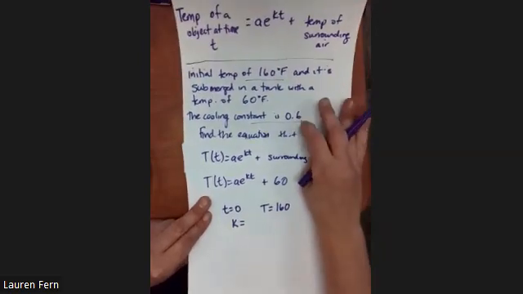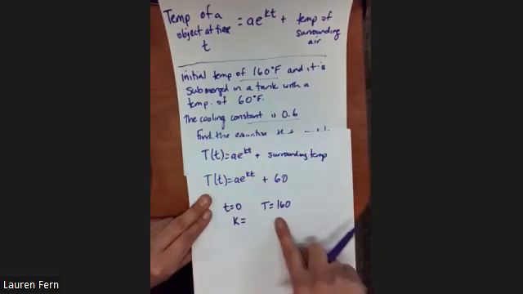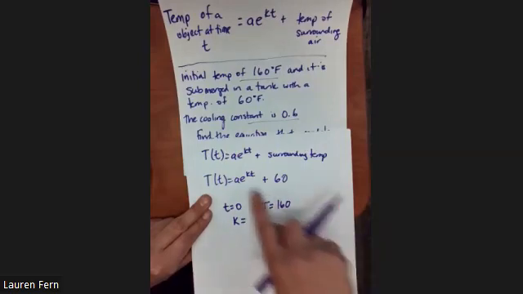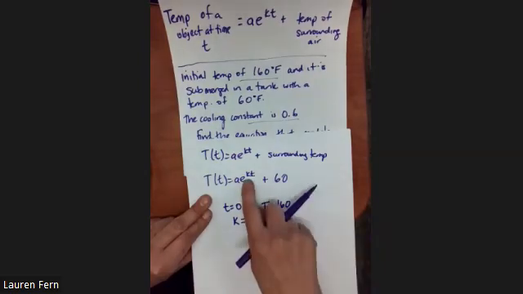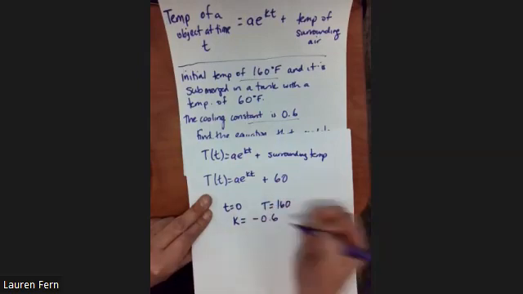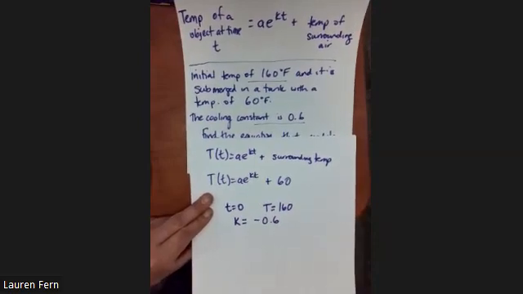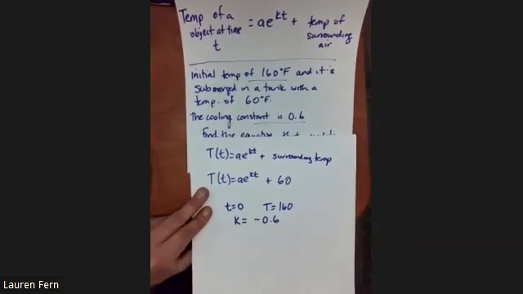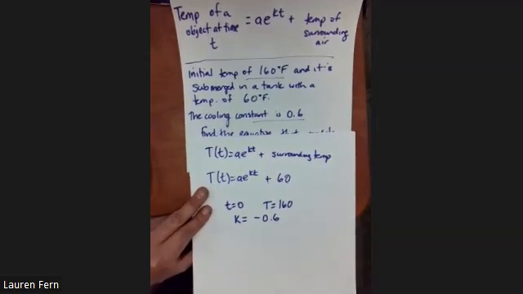But the trick here is, remember, when it's cooling, our temperature is decreasing. So this is a decreasing exponential function. And when that happens, remember, our k is negative. You'll run into this on the last question in your online homework in 4.6.